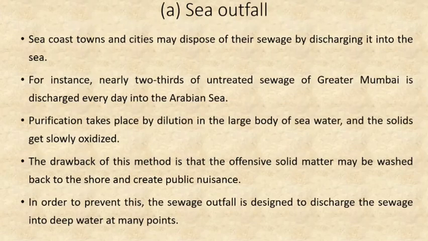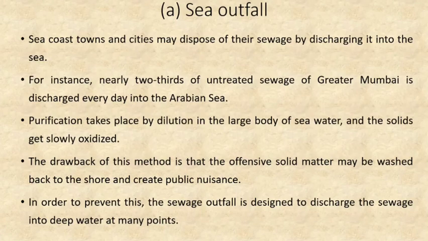Sea outfall. The sea-coast towns and cities may dispose of their sewage by discharging it into the sea. For instance, nearly 2/3 of untreated sewage of Greater Mumbai is discharged every day into the Arabian Sea. Here, purification takes place by the dilution method because we have a large body of seawater and the solids get slowly oxidized.